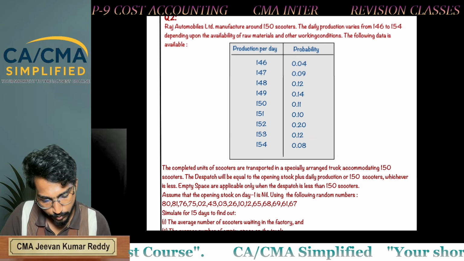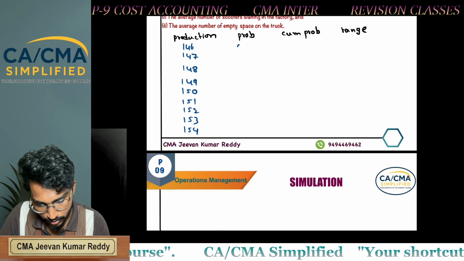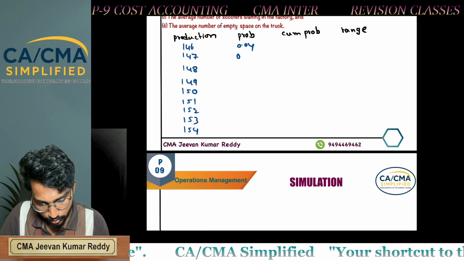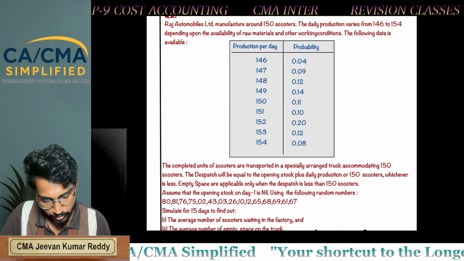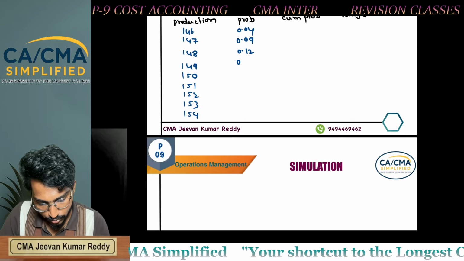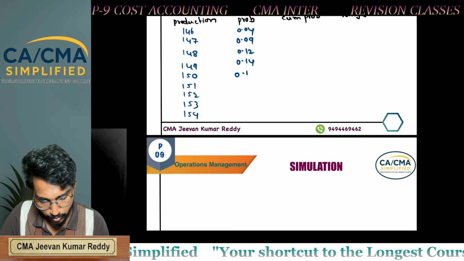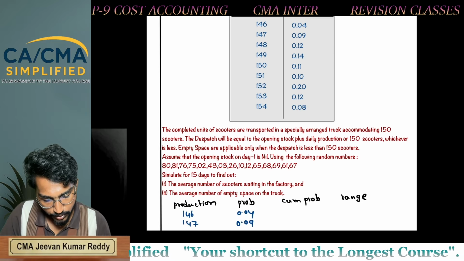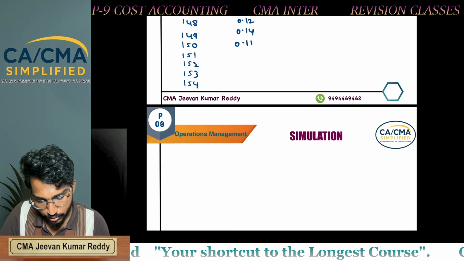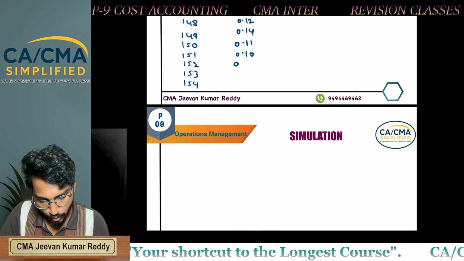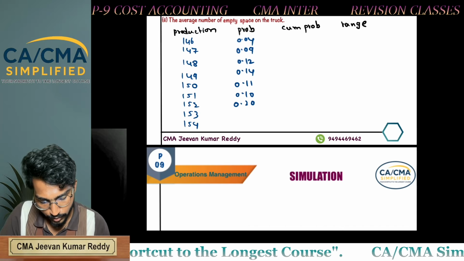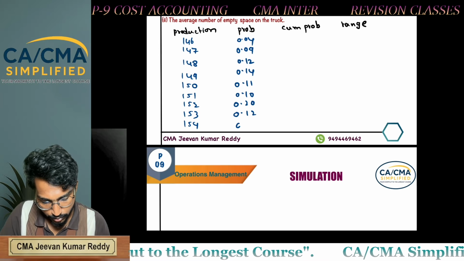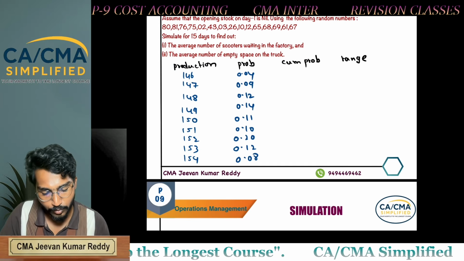Probabilities 4%, 9%, 12%, that means 0.04, 0.09, 0.12, then 0.14, 0.11, 0.10, 0.20, 0.10, 0.12, 0.08.